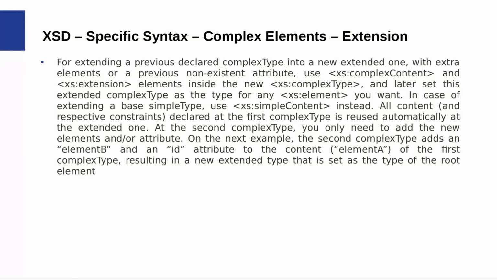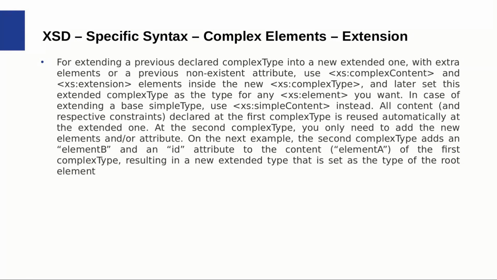So, for extending a previous declared complex type into a new extended type with extra elements or a previous non-existent attribute, use the xs:complexContent, which is a new element here, and nested to the complexContent, use the xs:extension element, both inside the complex type, which later can be set as the type for any xs:element or complex type you want.